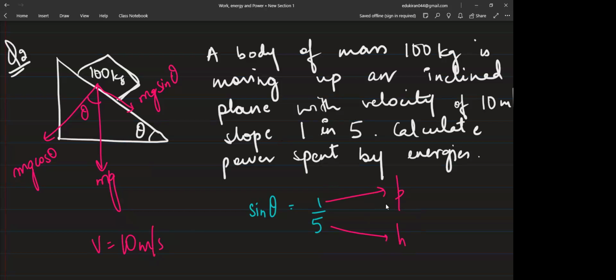Just in case you get a question where you require cos theta or tan theta and only sine theta is provided, in that case, what will you do? Use a square plus b square, calculate whatever you want to calculate and then get your angle theta.